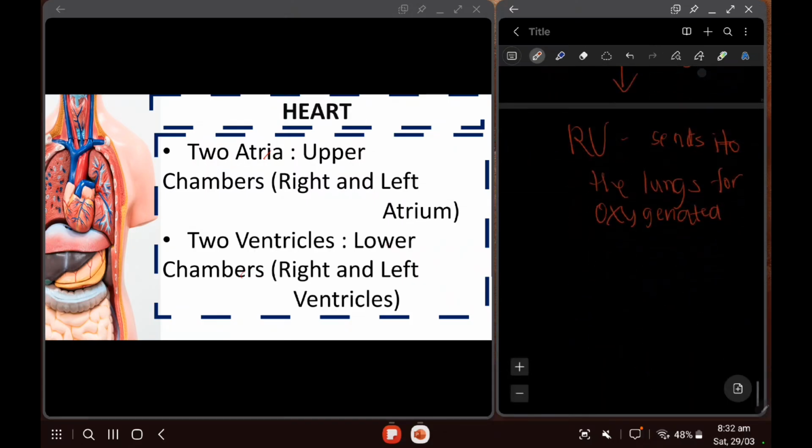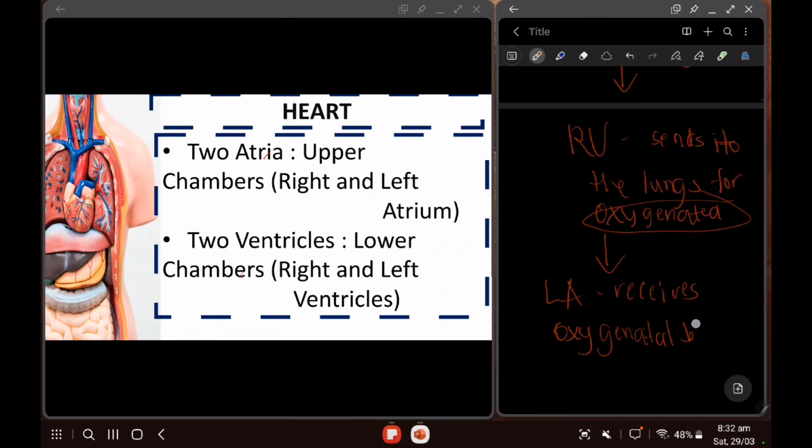And then, pag naman na-pump na niya papunta sa lungs, si left atrium is marireceive na niya ito galing sa lungs para maging oxygenated. So, si left atrium, ang marireceive na niya is oxygenated blood na. Para di malito, RB papunta sa lungs, tapos papunta sa left atrium.